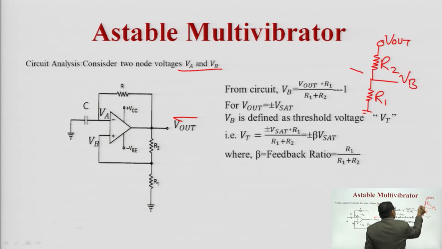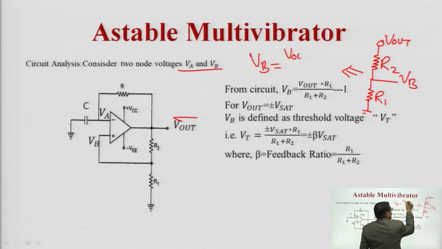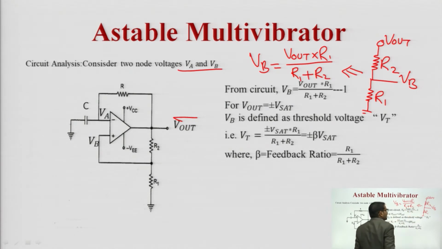If you apply the voltage divider rule here, then we get V_B equal to V out times R1 divided by R1 plus R2. So from the circuit we can say that V_B equals V out R1 upon R1 plus R2.